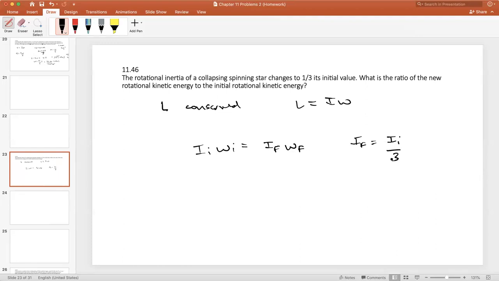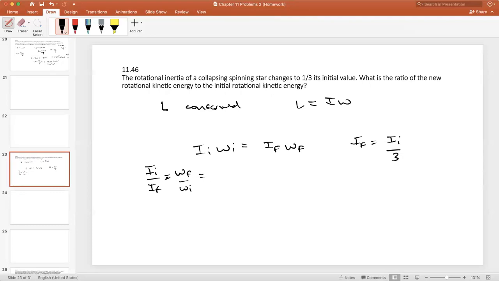Now these are the type of problems that they like to put on things like the GRE, the MCAT, whatever have you, because you have to make some really quick mathematical leaps. Here we notice that I initial over I final is equal to omega final over omega initial.